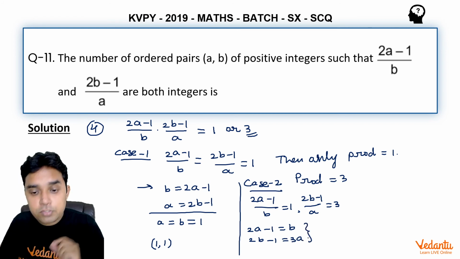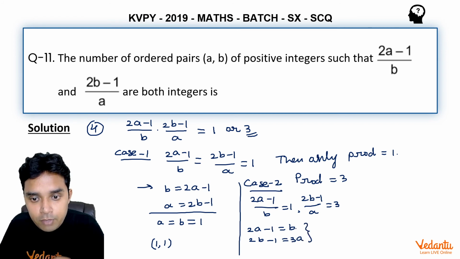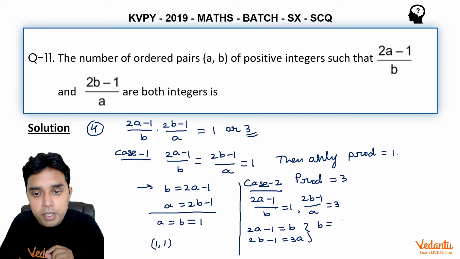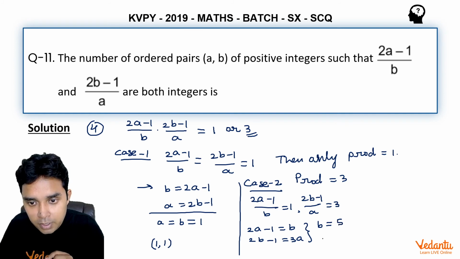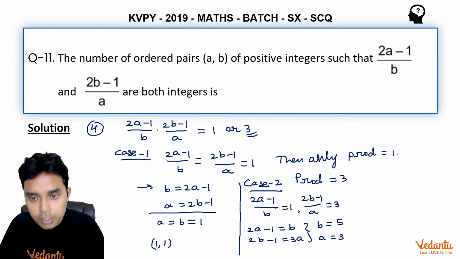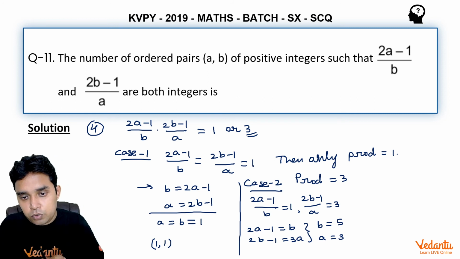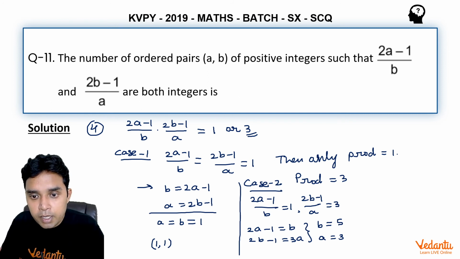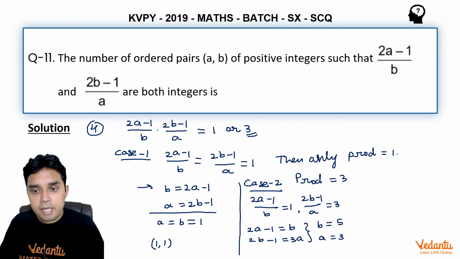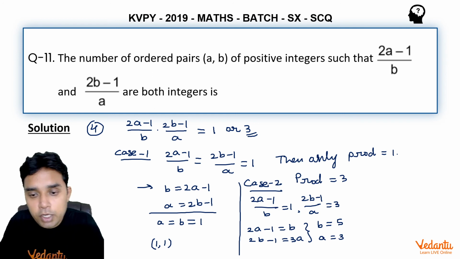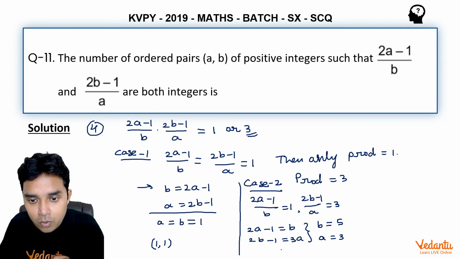If we solve them, if I put the value of b, 2a minus 1 into this, after solving we get b to be equal to 5 and a to be equal to 3. Yeah, 3 into 2 is 6 minus 1 upon 5 is equal to 1, and 5 into 2 is 10 minus 1 upon 3 is equal to 3. So in this case my ordered pair will be (3, 5).